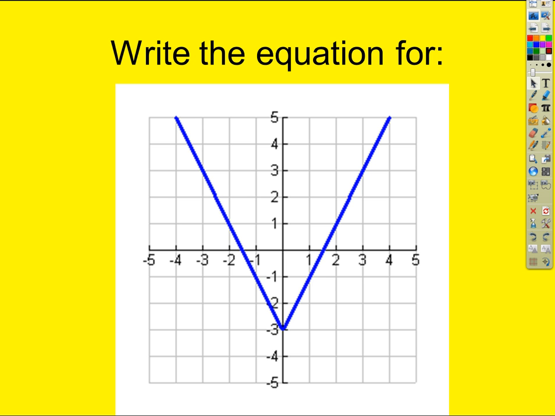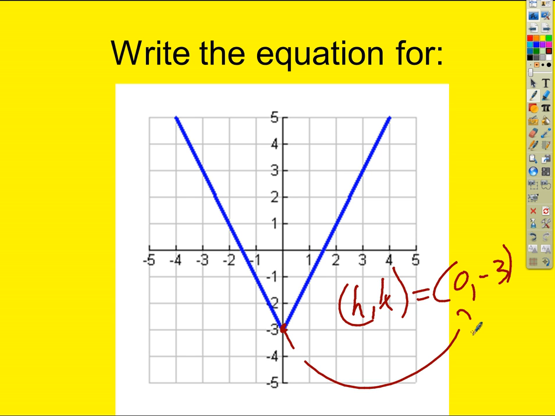So by looking at this, and we say in math, just by inspecting the graph, what are the coordinates of the vertex? 0, -3. I go over 0 and down 3, right? So H, K must equal 0, -3, because that's that point right there, isn't it?